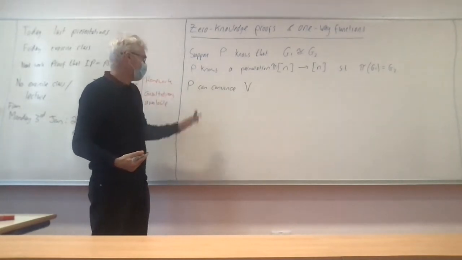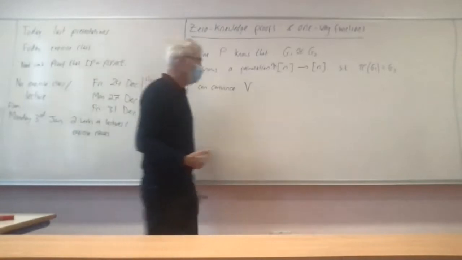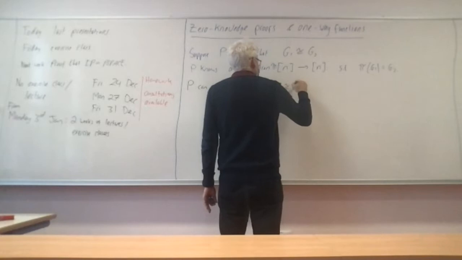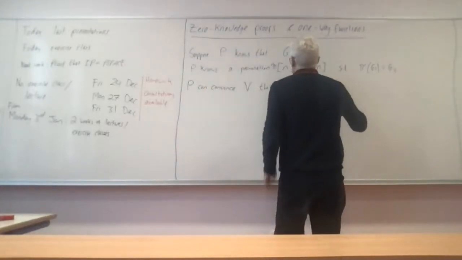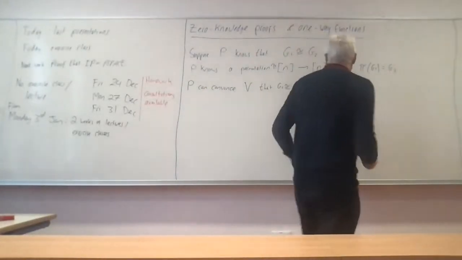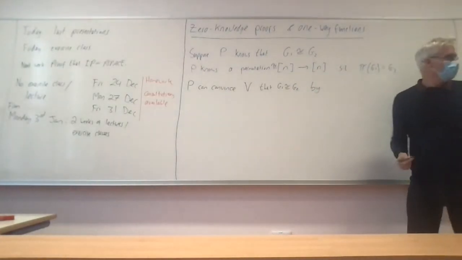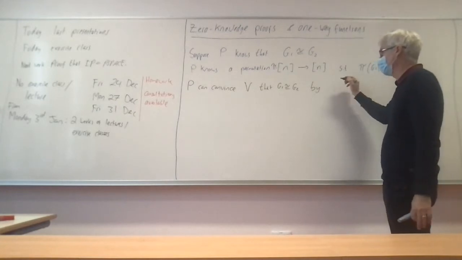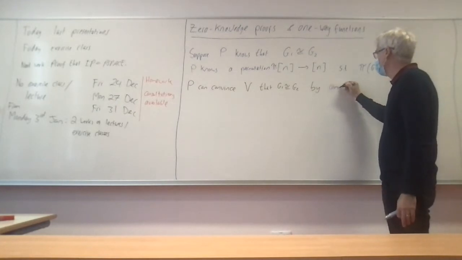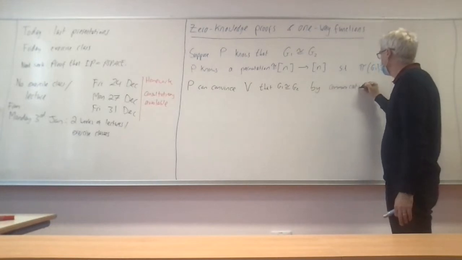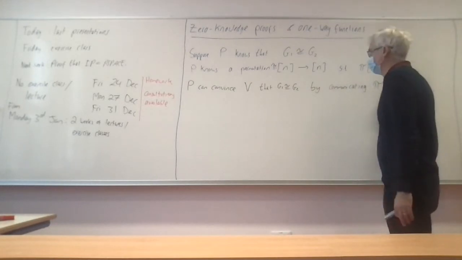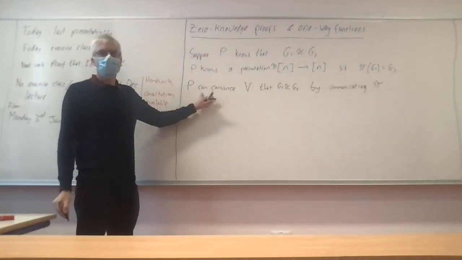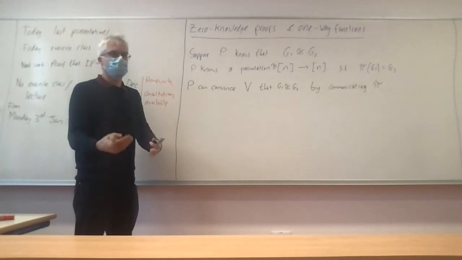P can obviously convince V that G1 is isomorphic to G2 by communicating this permutation pi. I just tell you the isomorphism. We had an example of that last week. And that's fine, but then I'm telling the verifier the isomorphism.